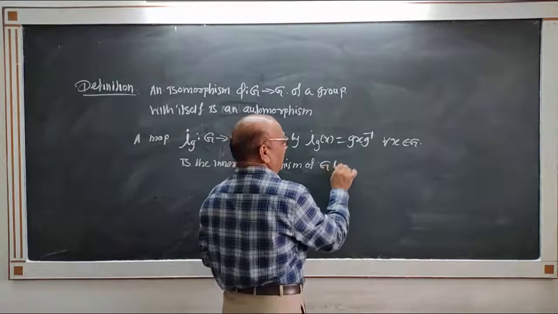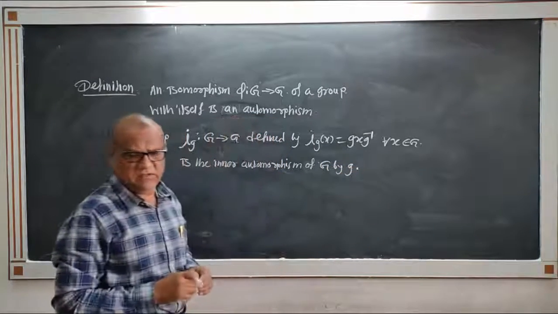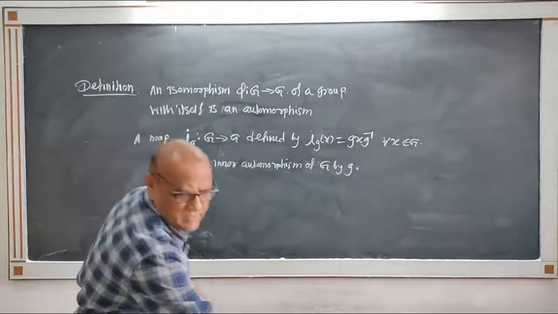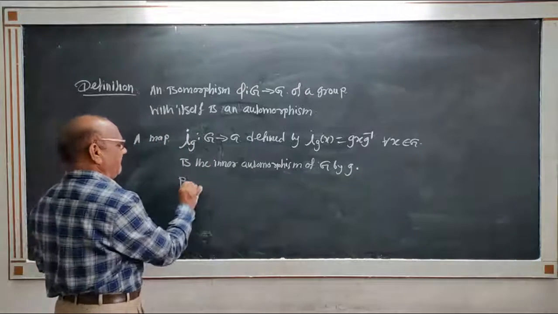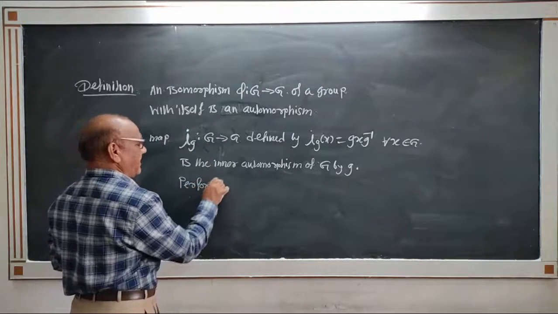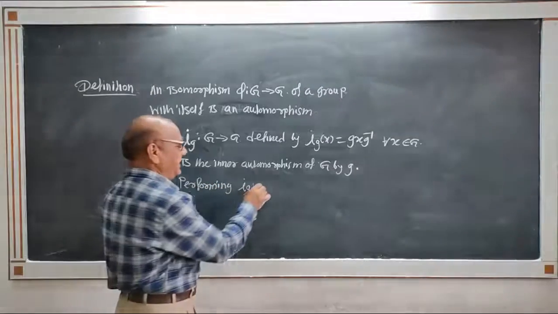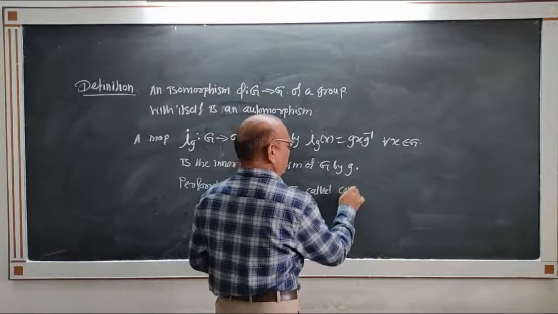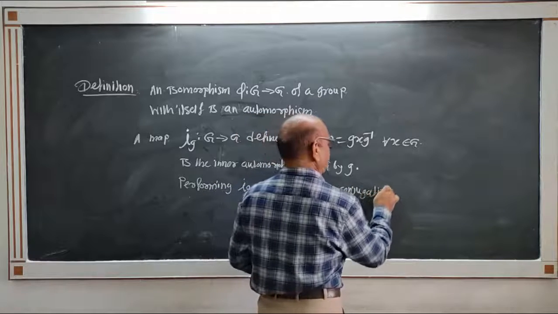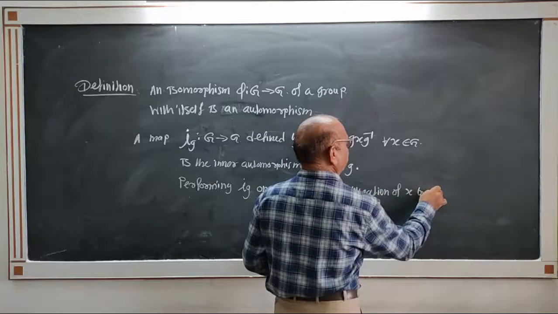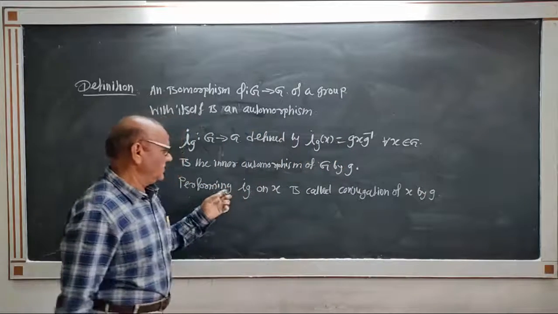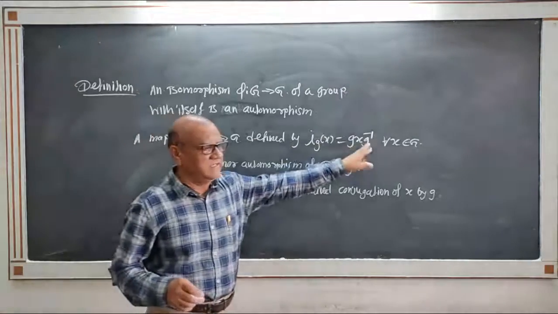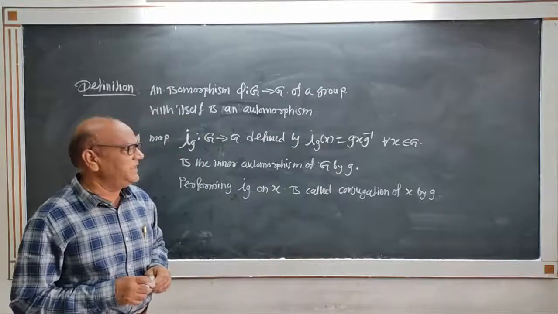Performing I_g on x is also called conjugation of x by g. That is, I_g of x is equal to g x g inverse, also called conjugation of x by g.